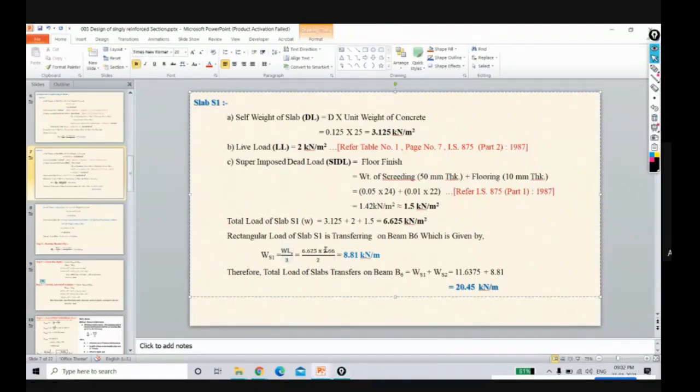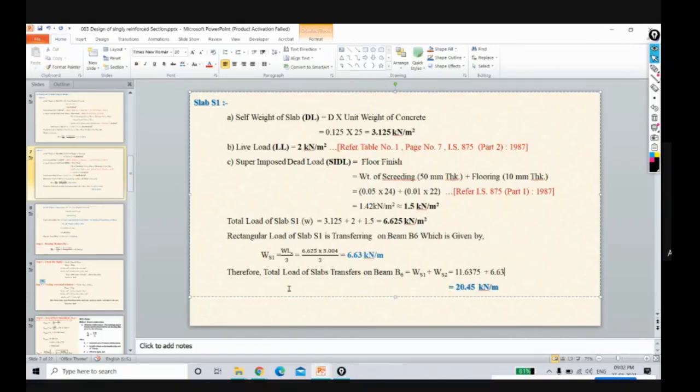So just wait, I will calculate it. 6.625 into 3.004 divided by 3, it's 6.63. Now this is 6.63.